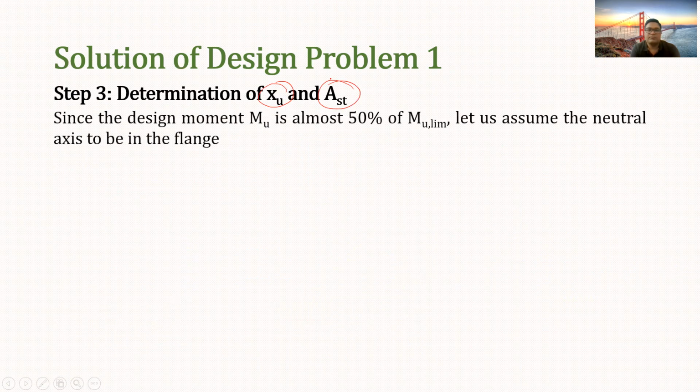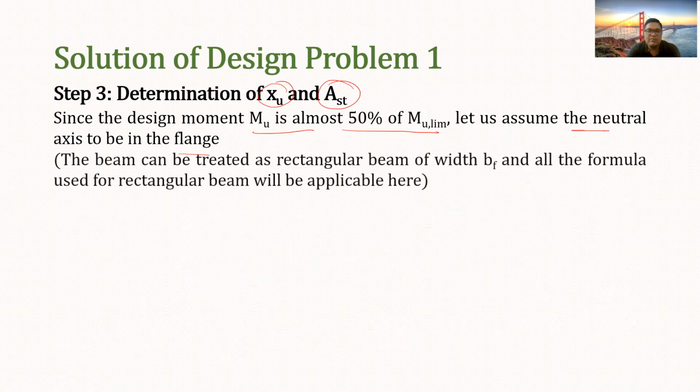Here, you can see the value of Mu is almost 50% of Mu limiting. So first we will assume that the neutral axis lies in the flange. It means that all the formulas of a rectangular beam will be applicable, and the beam can be treated as a rectangular beam of width bf.